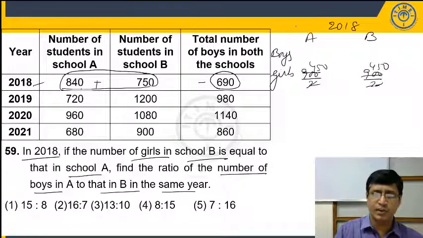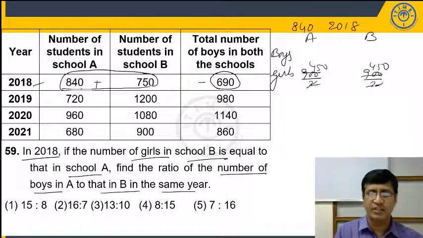Total number of students in A is 840. 840 minus 450, it is 390. And what about the next one? B. The number of students in B is equal to 750. Out of 750, 450 are girls, means the remaining 300 are boys.